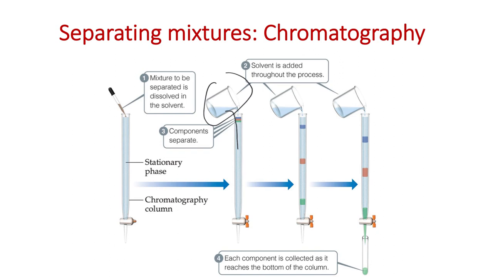If you have an attraction with that solid support, it's going to take you longer to make your way down the column. You're going to stick. And then if you don't have the same attraction with that silica gel, you're going to flow through more quickly. So the mixture kind of starts to go like this, where the one compound just goes down the column faster, and you can begin to get a separation of the components in a mixture if they have different rates of absorption onto that solid support.